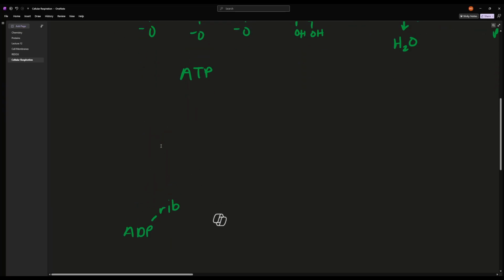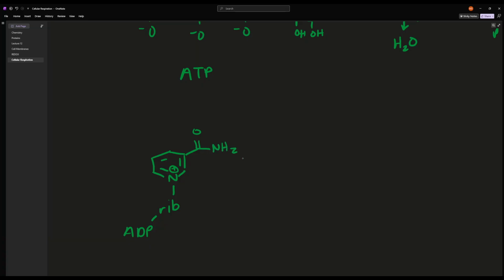There we go. That ribose sugar is then attached to a small little ring. Okay, so this here is our NAD+.